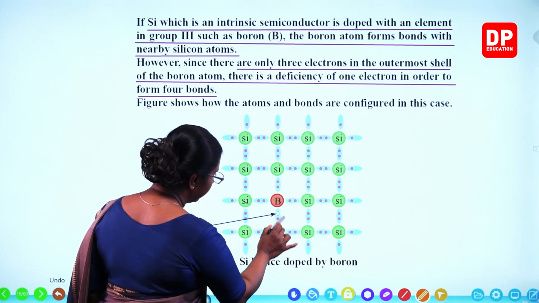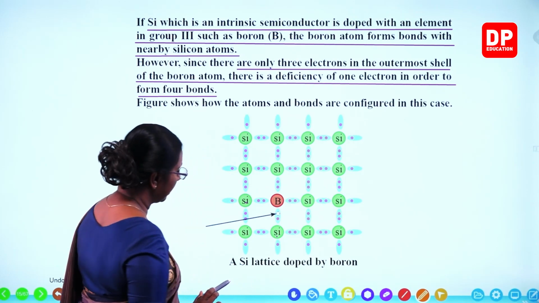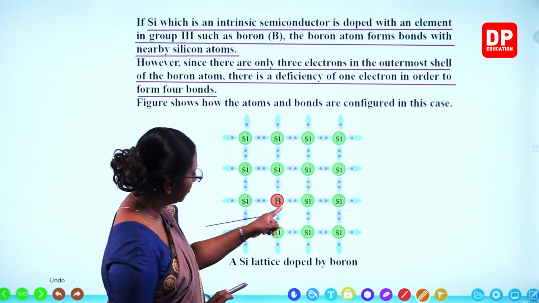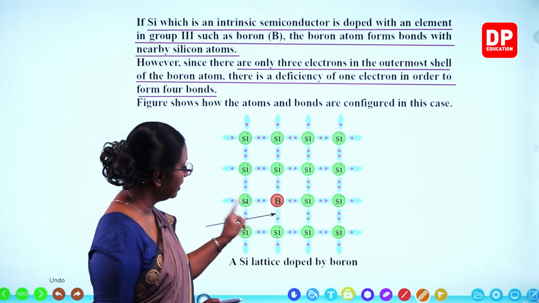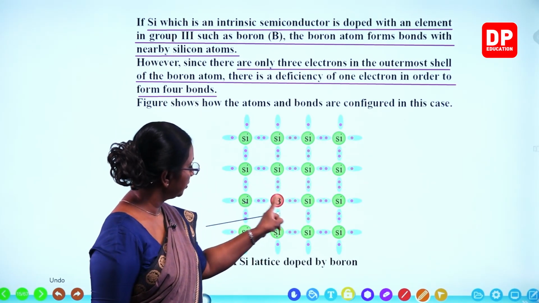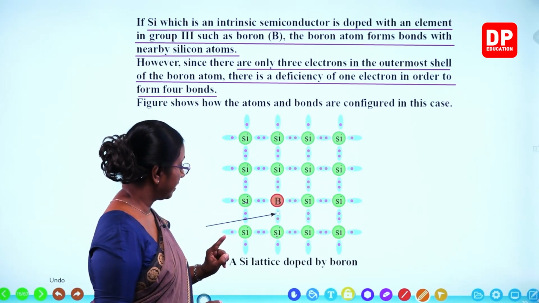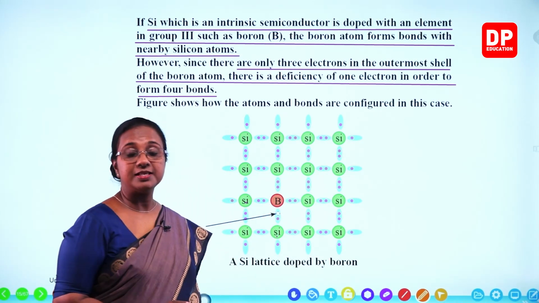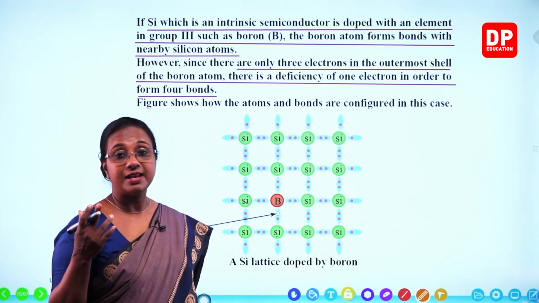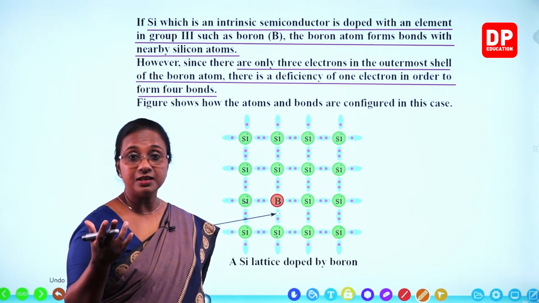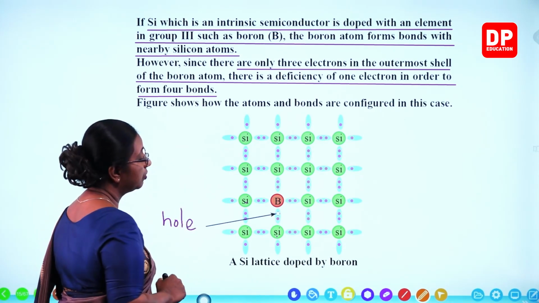But if you look at these two, the boron and silicon, silicon gives an electron, but the boron only has 3 electrons, which have already been used up. So there is an empty space there, an absence of an electron. Already you all know an absence of an electron is a hole. So here there is a hole.